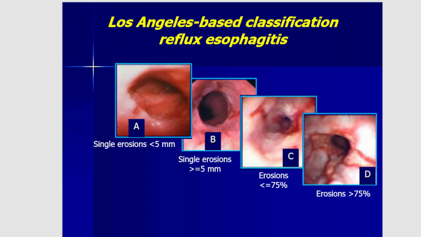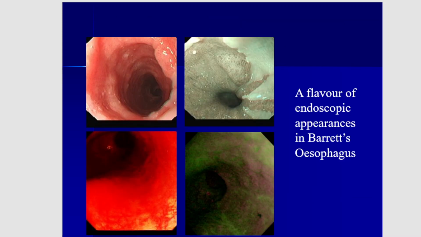Stage C: erosions involve up to 75% of the circumference of the esophagus. And stage D: erosions involve more than 75% of the circumference of the distal part of the esophagus. Here you see variants of metaplasia in different endoscopic systems.